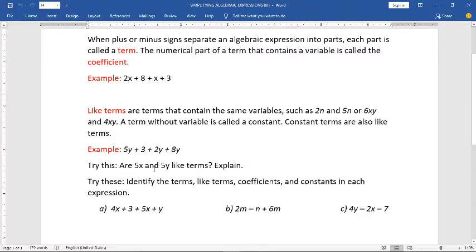Let's try this. Are 5x and 5y like terms? I'm waiting for your answer. Answer yourself. Are 5x and 5y like terms? Explain.